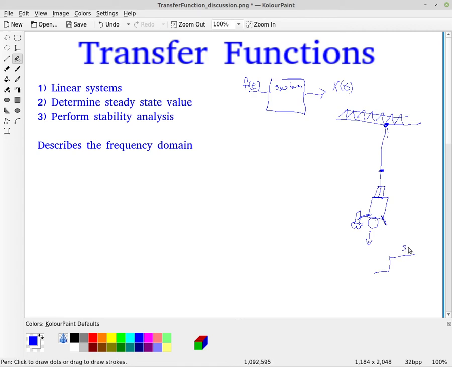So that's going to be a step increase. Normally we refer to this as a unit step, meaning that it goes up 1 unit, whatever your particular units are.